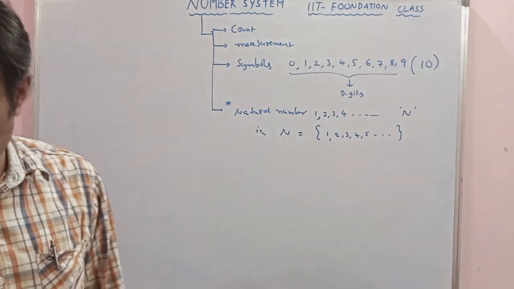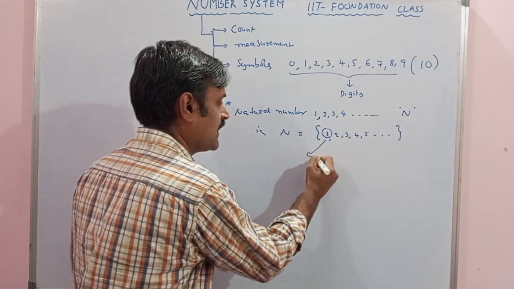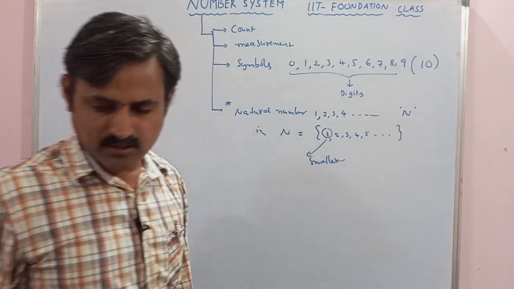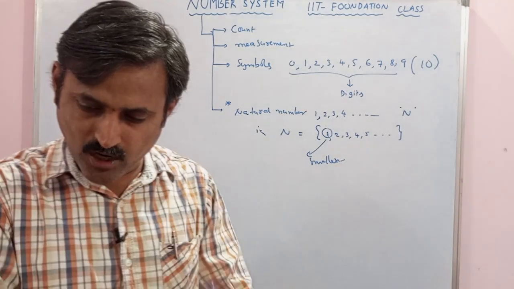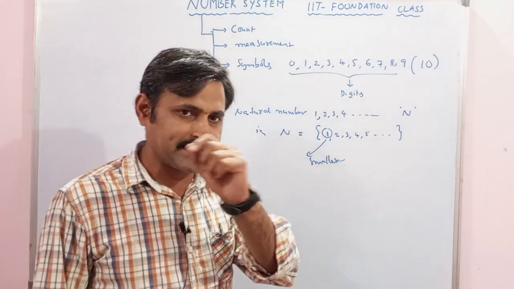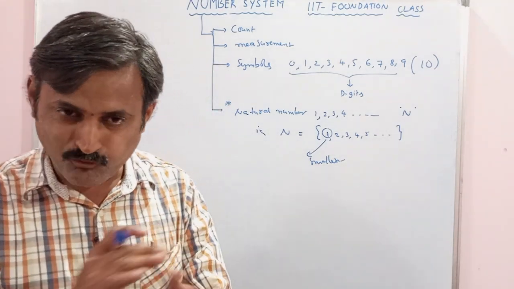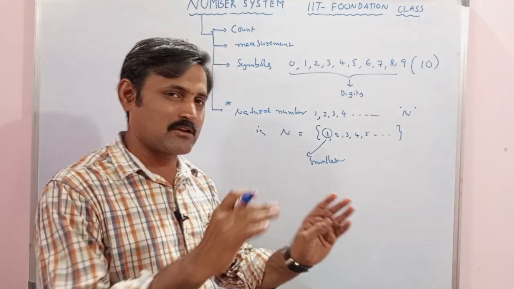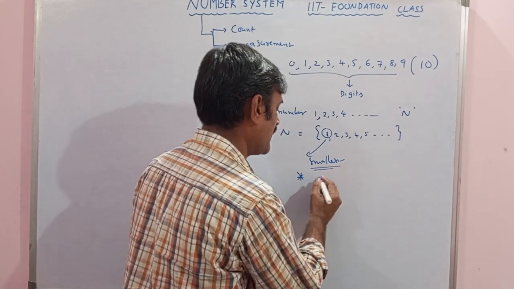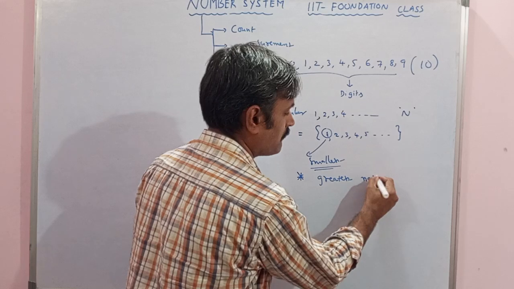In the natural numbers, what is the smallest natural number? It is 1. Smallest natural number is 1. But as we continue like this, can we find the greatest natural number?